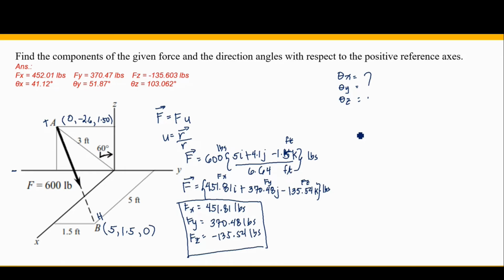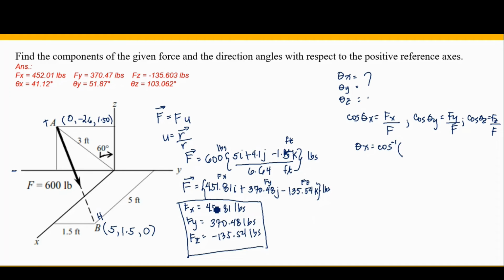So, meron kayong formula on the last meeting also that we have our cosine theta x is equal to fx divided by the magnitude of F. And then also with our cosine theta y, fy all over F, and then cosine theta z is equal to fz divided by F. Therefore, our theta x is equal to inverse cosine of ano yung fx natin?